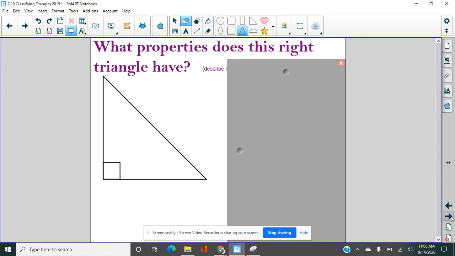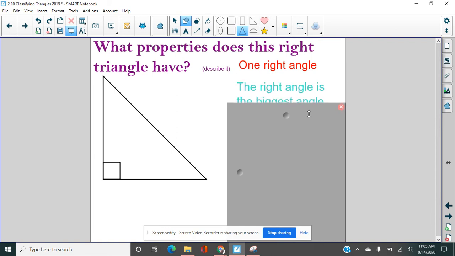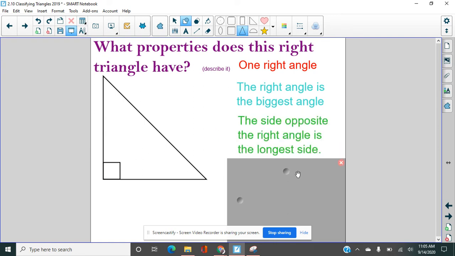Now, if we wanted to describe the properties, what properties does this right triangle have? Properties is like a fancy word for just description. What's true about this right triangle? There's lots of things we could say. It has one right angle. The right angle is the biggest angle. I'd say open the most, really, instead of the word biggest. The side opposite the right angle is the longest side.